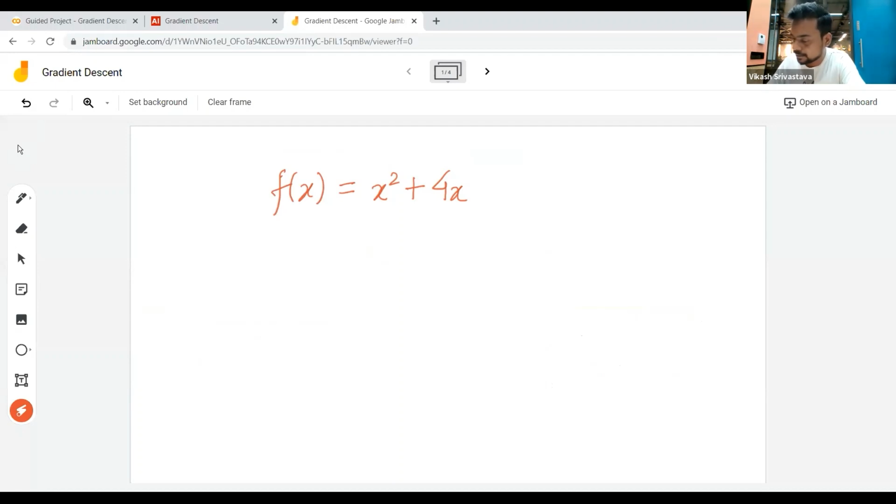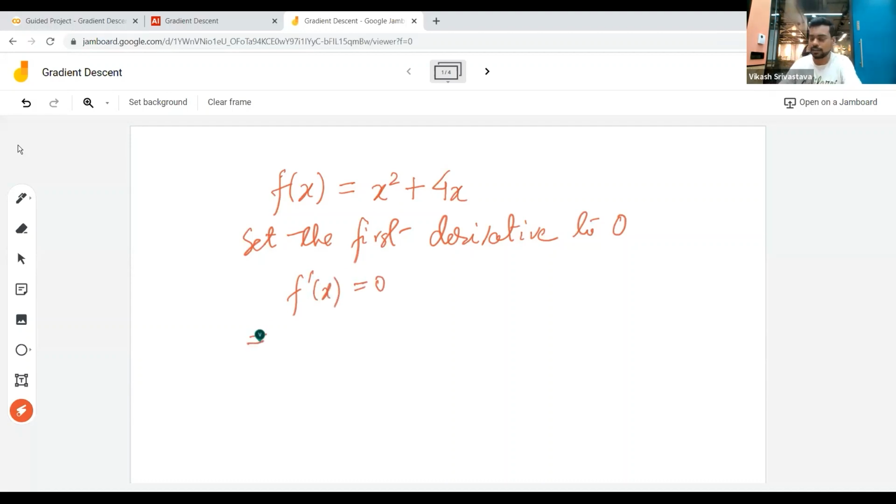So firstly, I'll set the first derivative to 0. That means f dash x should be equal to 0. So in this case, what should be f dash x? That will be nothing but 2x plus 4 is equal to 0, right? So we'll find x is equal to minus 2.